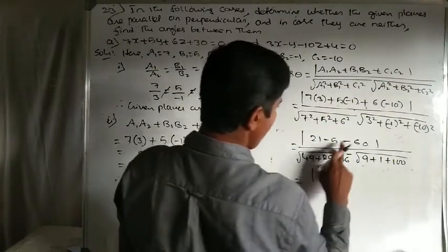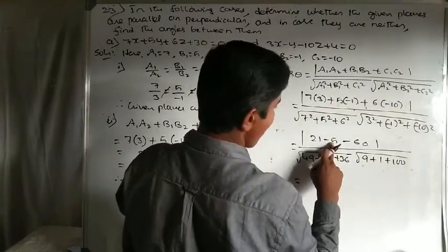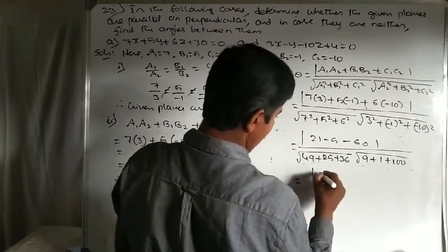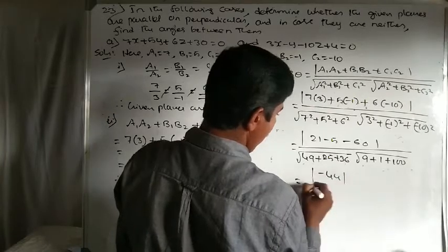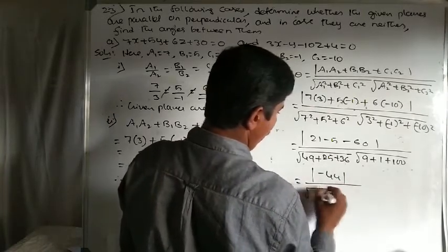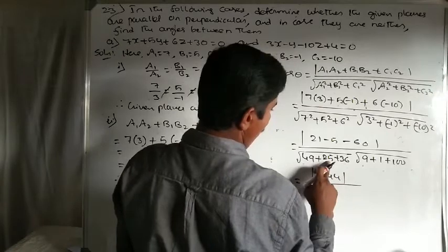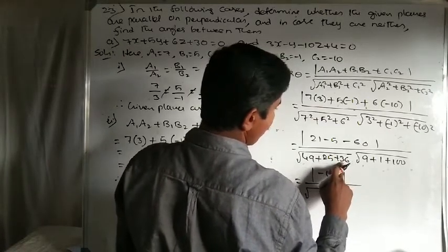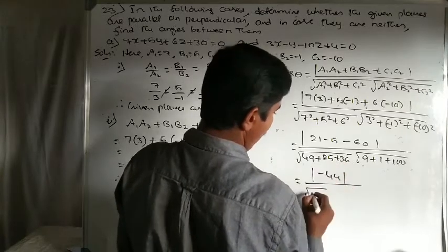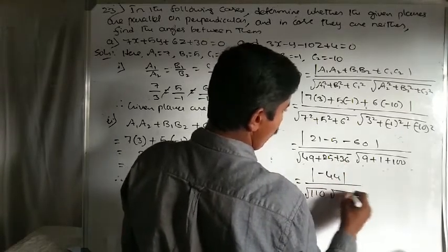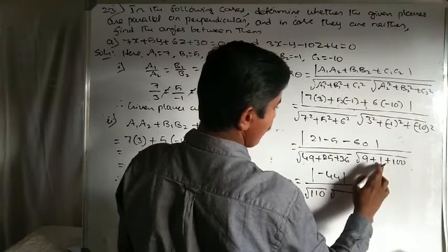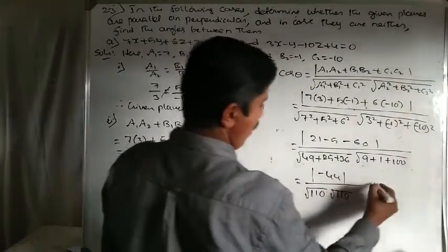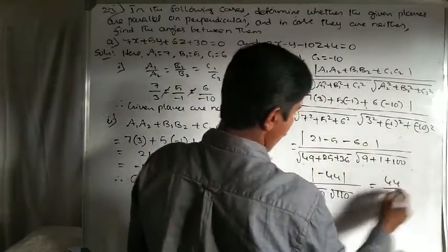Modulus of 21 minus 5 minus 60 is minus 44, divided by square root of 110 into square root of 110.